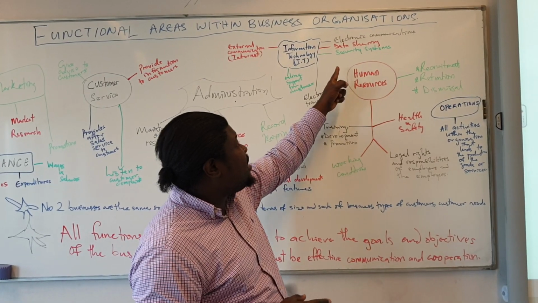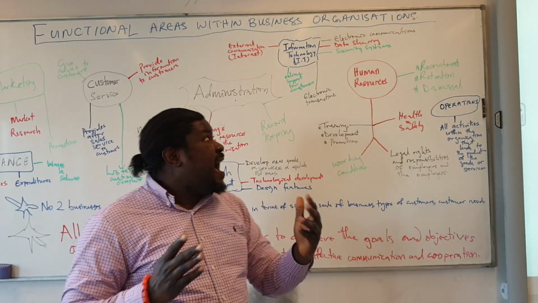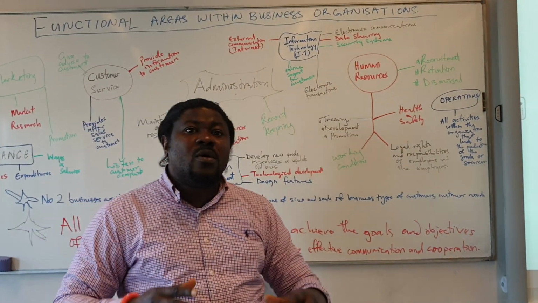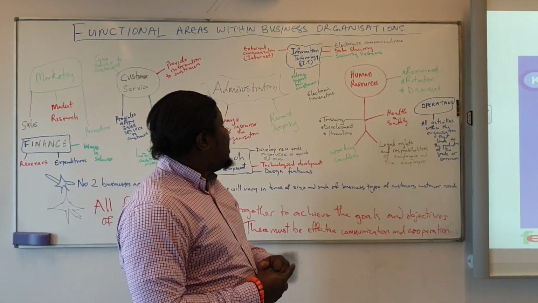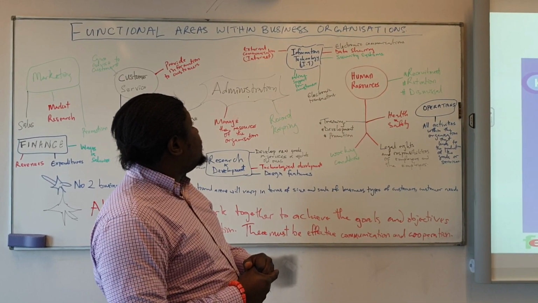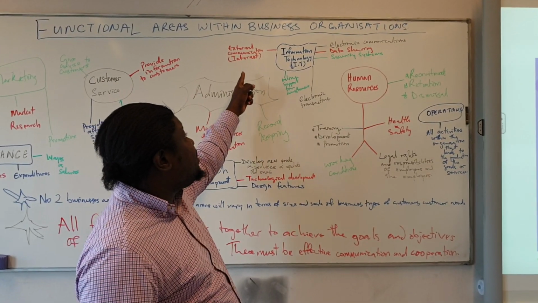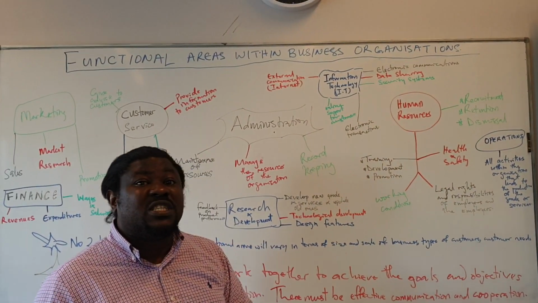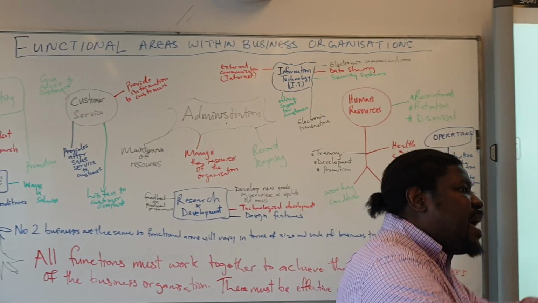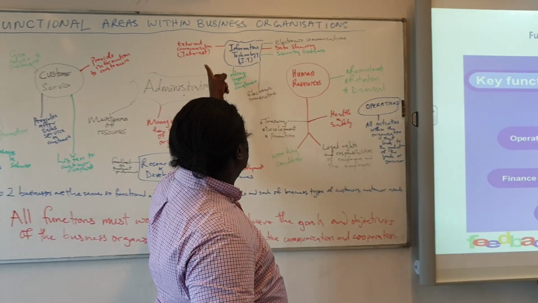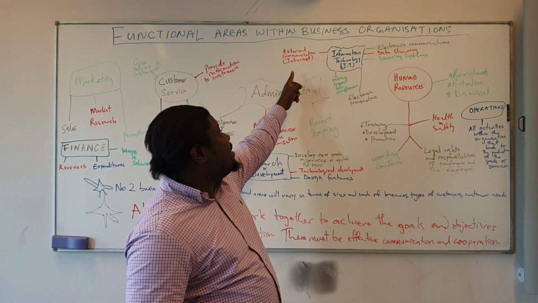Also, security of systems. The IT department is responsible for securing all the systems within the organization. What I see here as well is external communication. The IT department is responsible for how we communicate with external stakeholders, and that's through the use of the internet.